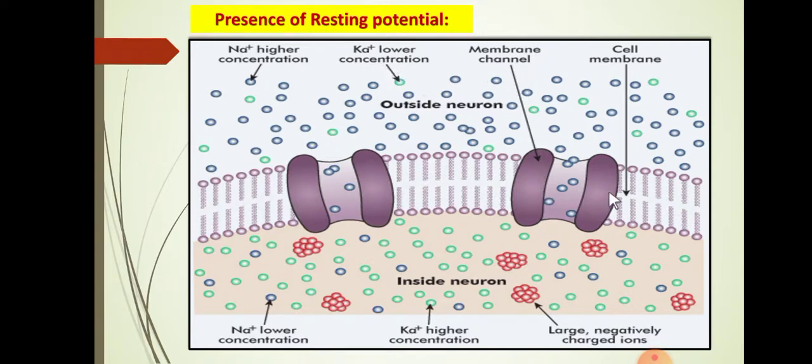Here, the membrane channel is like a canal or a door through which the Na+ ion enters to the inside of the neuron. Okay? And here, as I told you, it's the cell membrane.